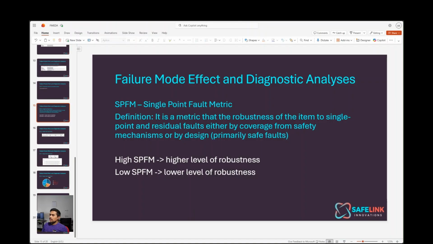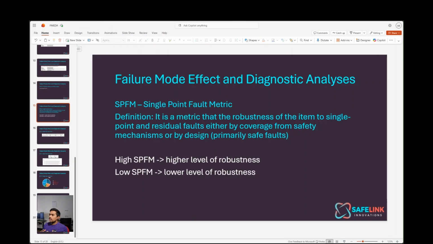What this metric means is what percentage of the total faults are single point and residual. Essentially, a higher value of SPFM means a higher level of robustness, and a lower value of SPFM means a lower level of robustness.